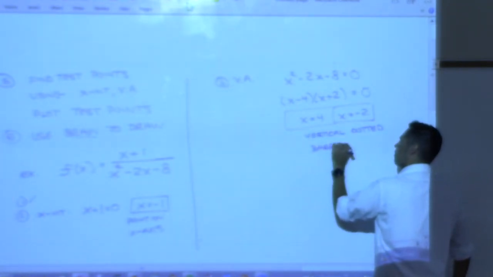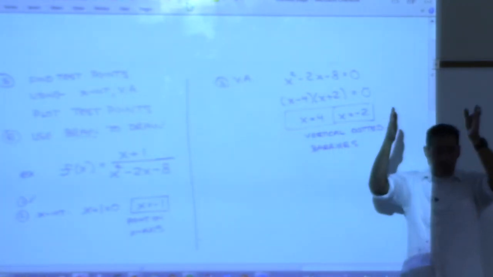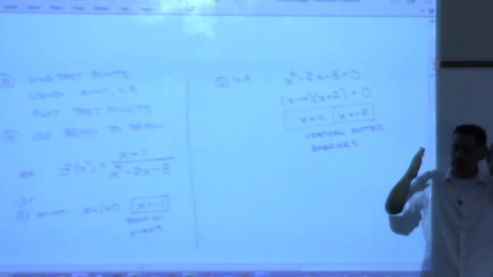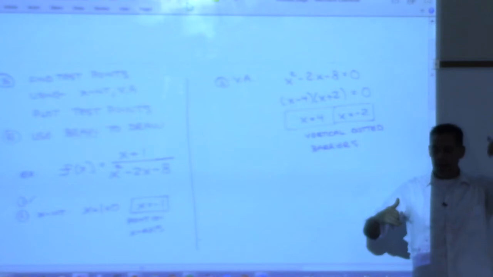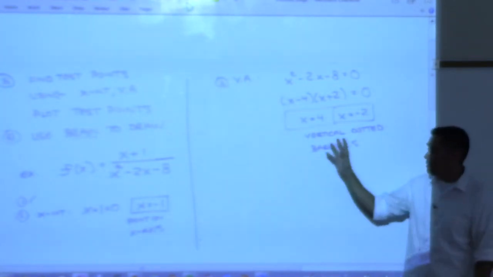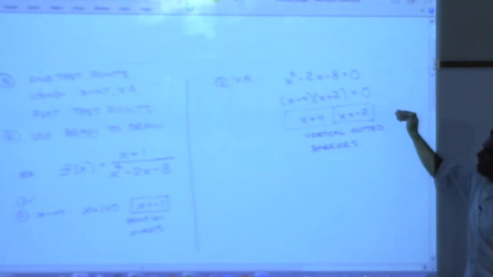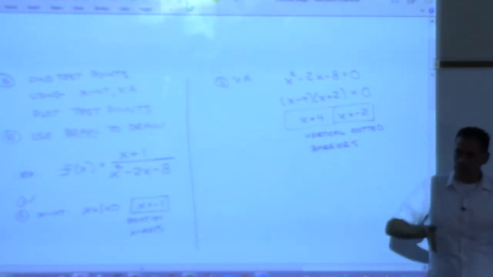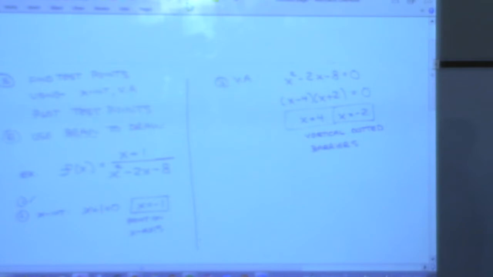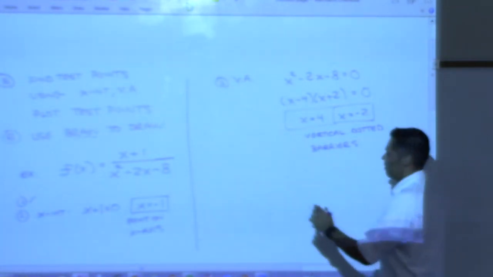When I draw these, they're going to be vertical dotted barriers that my function, when it gets to them, is going to want to go either up or down. It's going to depend on the function. But the important thing is that these are not x-intercepts. These are not dots on the x-axis. These are barriers. All right, questions at all? Y'all look thrilled.